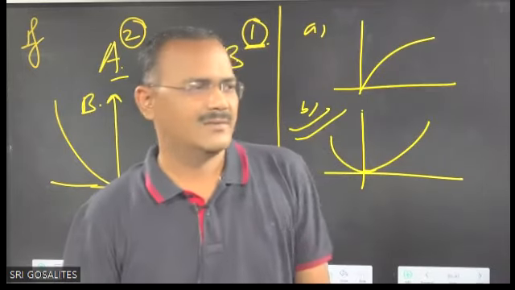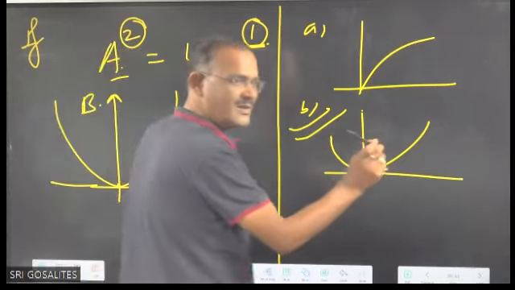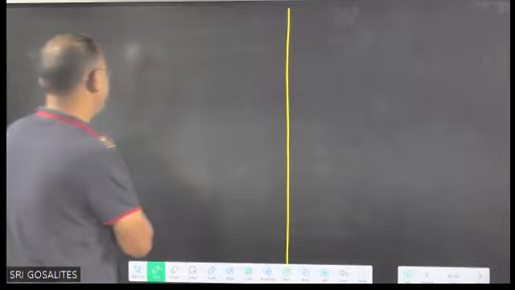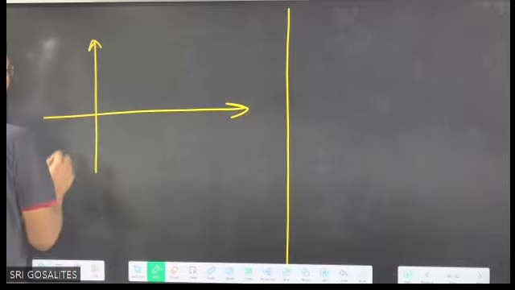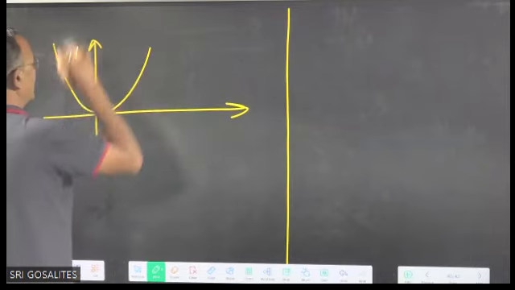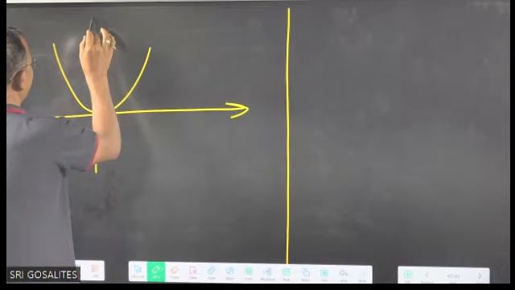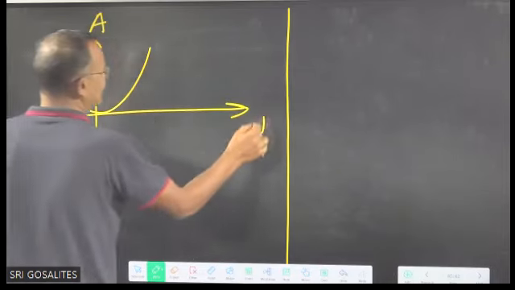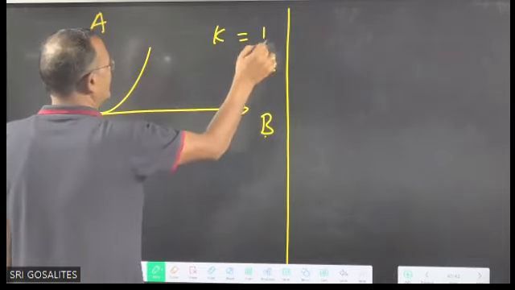Will you do it? Okay, erase this. Fine. Suppose I have this parabola. This axis is A and this axis is B. Constant K is 4.